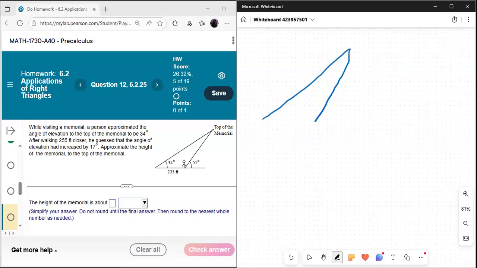So here's the top of the memorial. We have a 34-degree base angle there, and then we have 51 degrees here. And this piece is 255 feet.